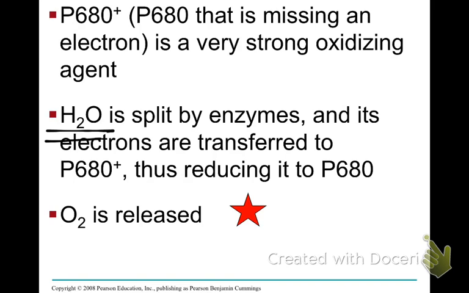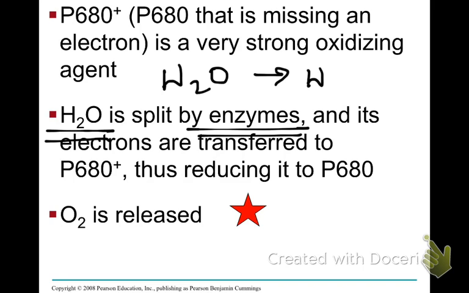Water molecule is split by an enzyme. So I have H2O splitting into H and O. So I have two H's and O. If I have two of these, then I'll have four H's and an oxygen molecule is evolved out.